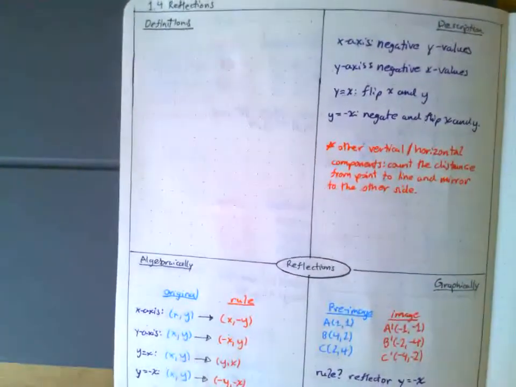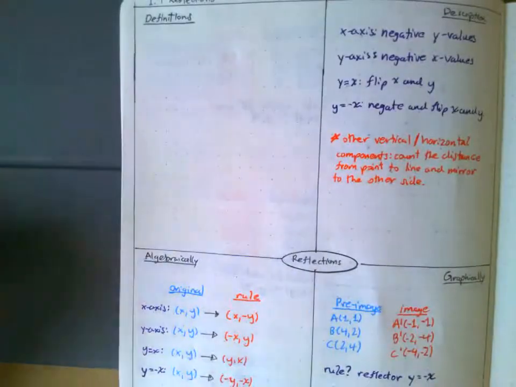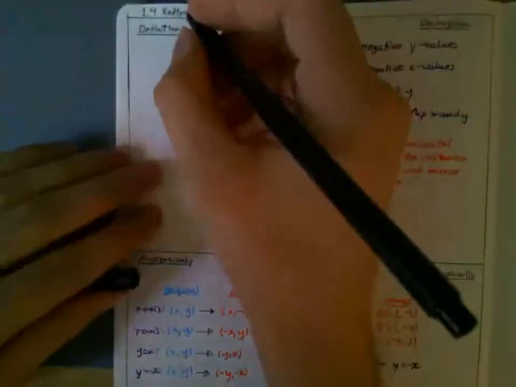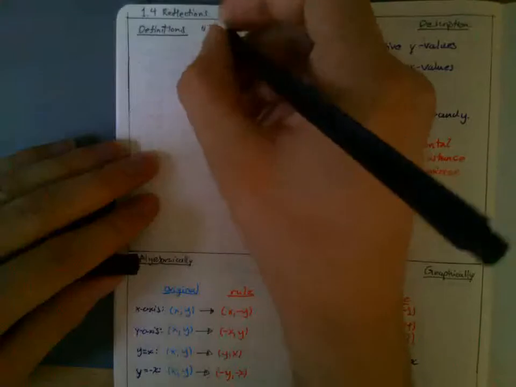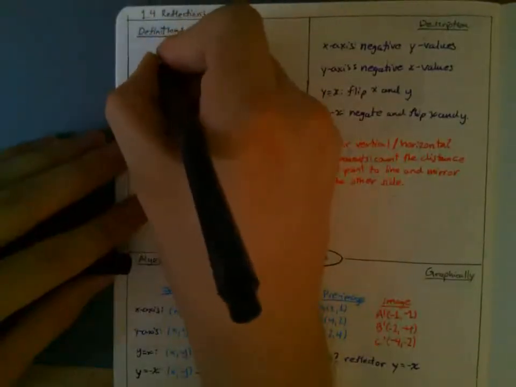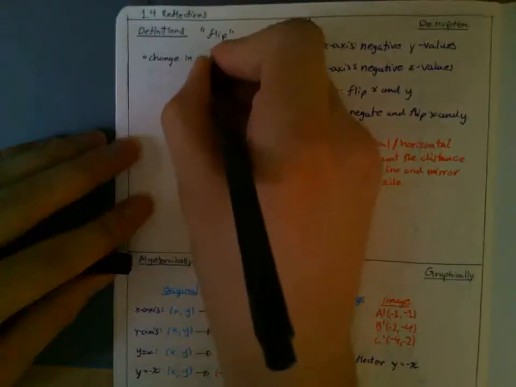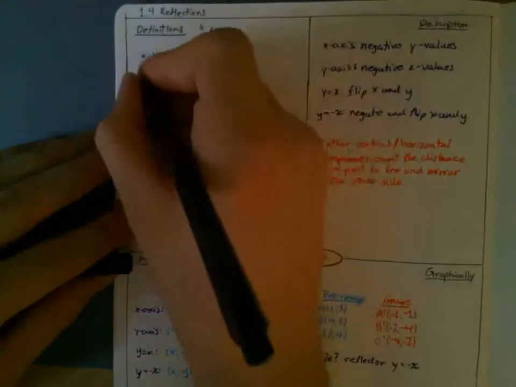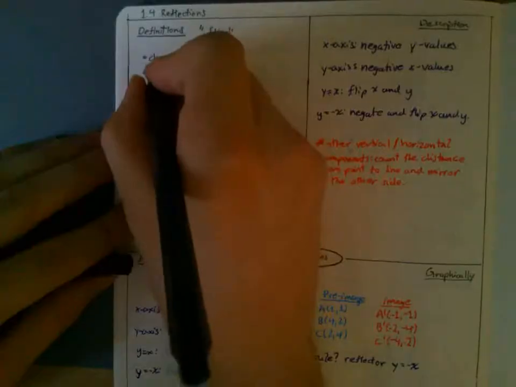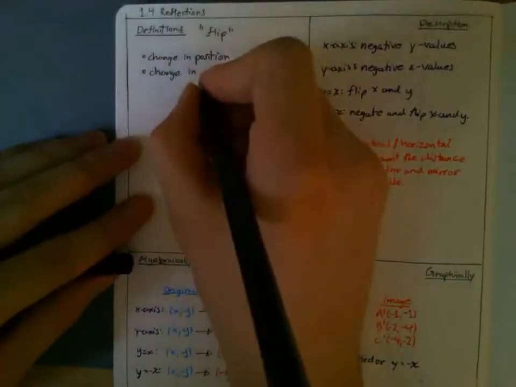And finally, your definitions. Okay. For these, we classify this as the flip, from real to original. There's a change in position. There's a change in orientation.